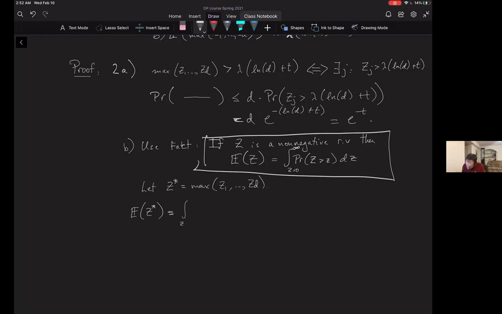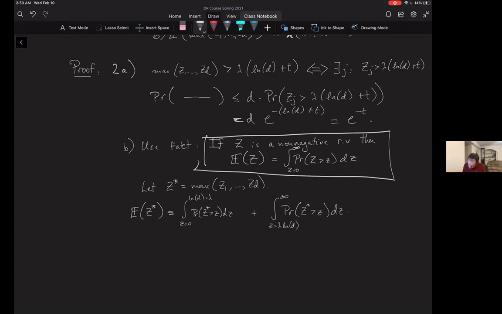I'm going to write it as the integral. I'm going to break the integral into 2 parts, from 0 to lambda log d, times lambda, of the probability that z star exceeds little z, dz, plus the integral from z equals lambda log d to infinity of the probability that z star exceeds z.